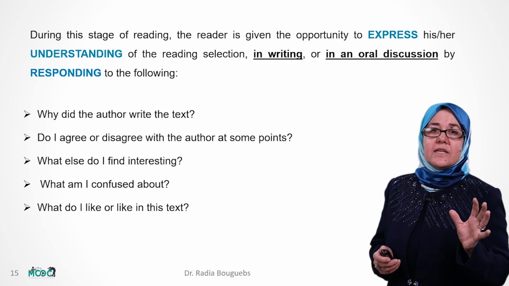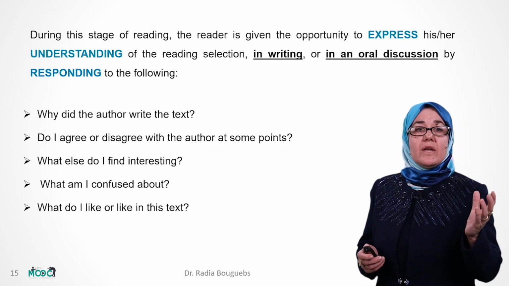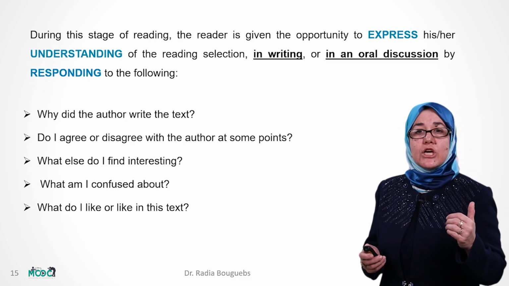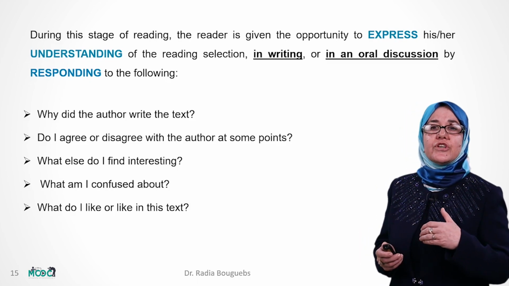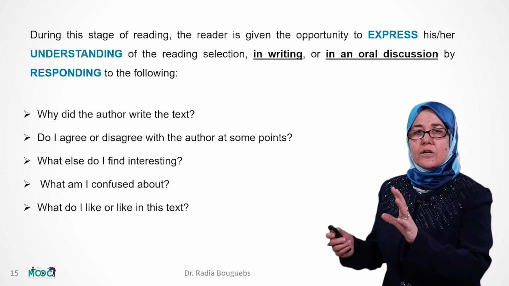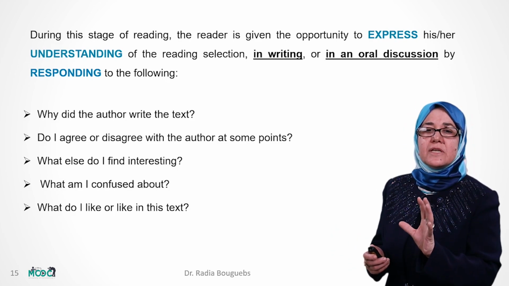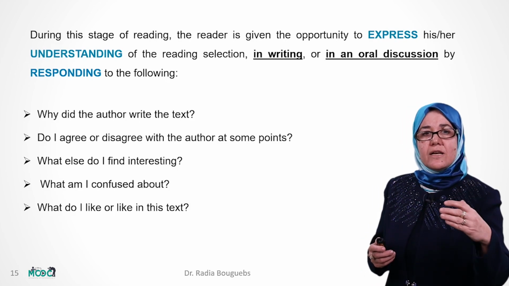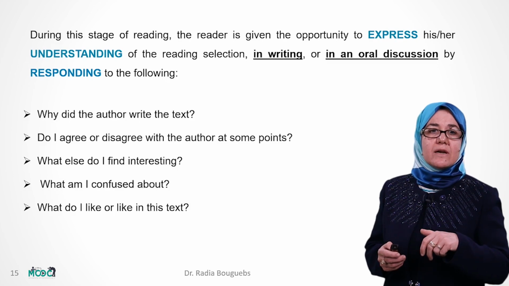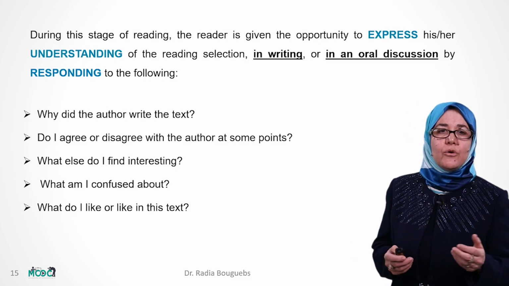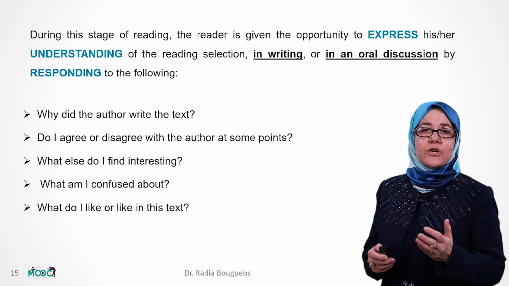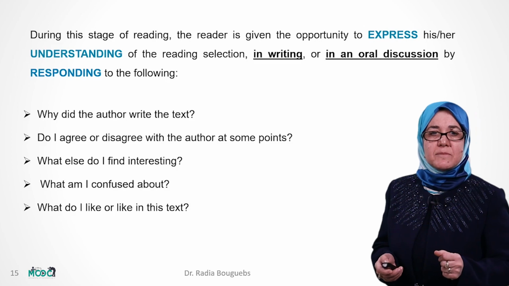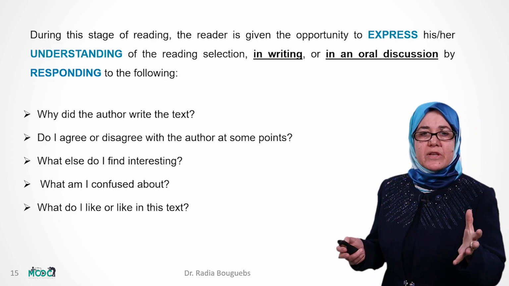During this stage of reading, the reader is given the opportunity to express his understanding of the reading selection in writing or in an oral discussion by responding to the following. So here he will discuss what was included in the material, saying why did the author write the text, do I agree or disagree with the author on some points, what else do I find interesting in this material, what am I confused about.